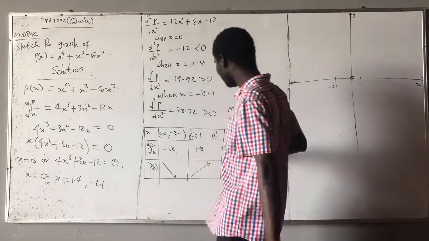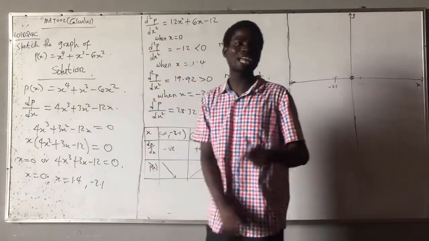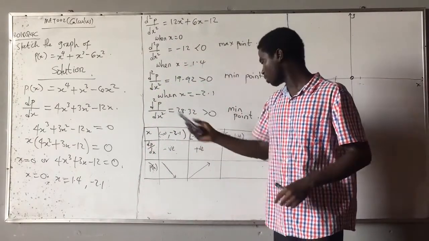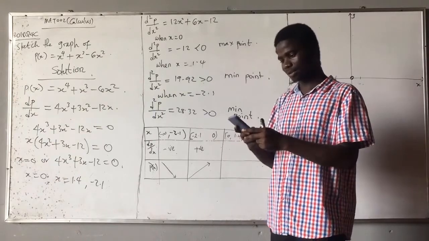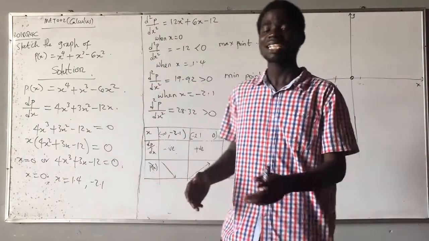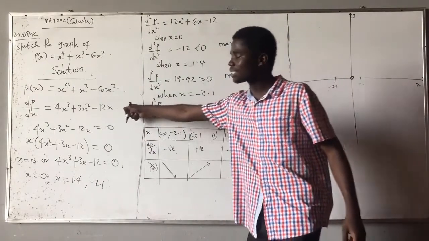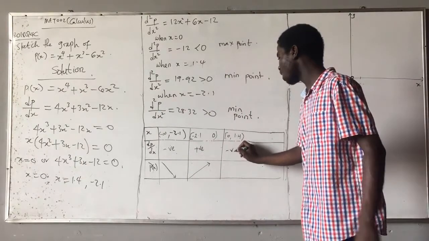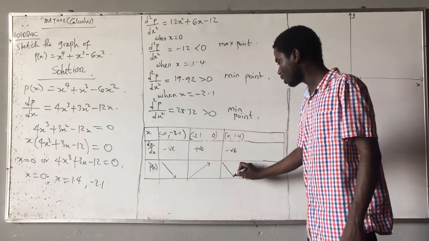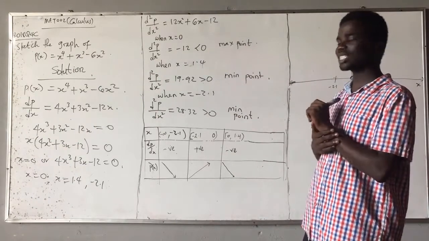Put 1, for example, inside this function and see whether it will give you a positive answer or a negative answer. Put 1 there. The answer is minus 5. That means it's negative again. Between 0 and 1.4, the PDS is negative. And when the derivative of a function is negative, the function is decreasing. Do you understand?